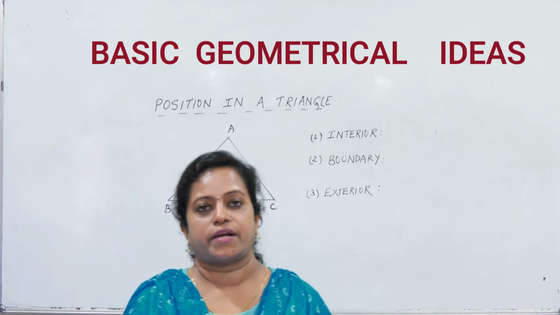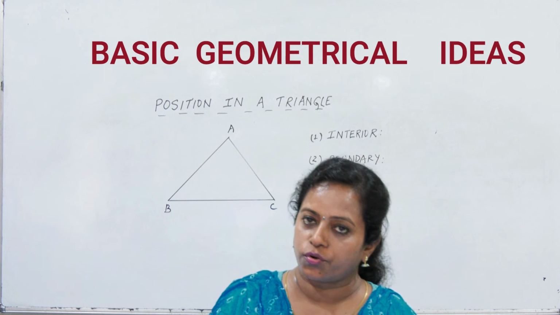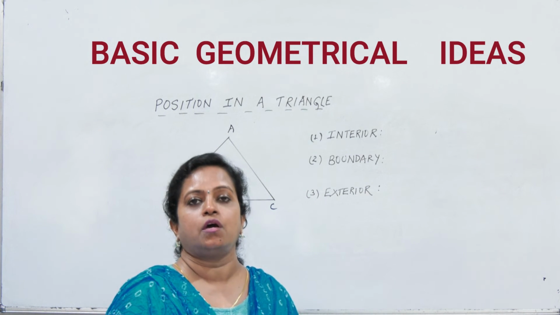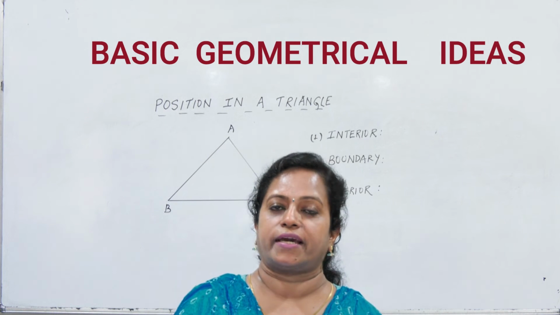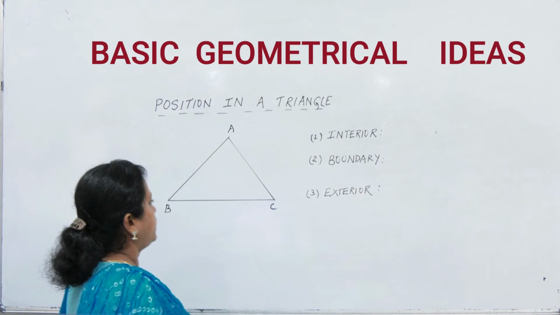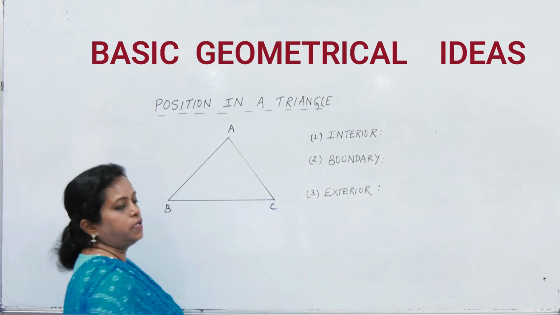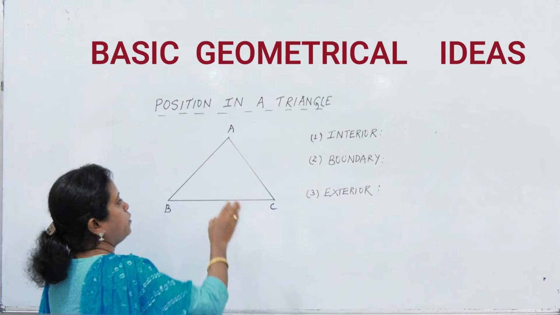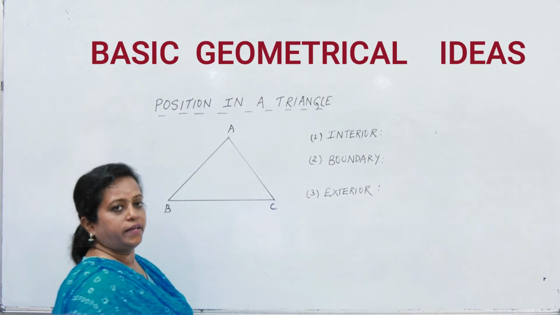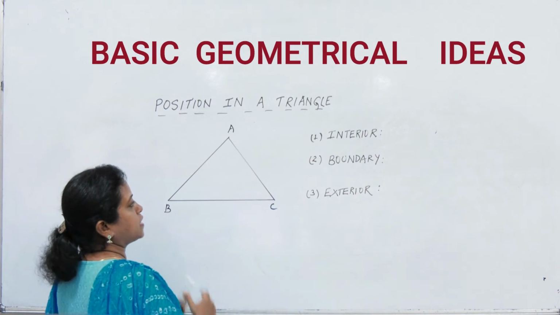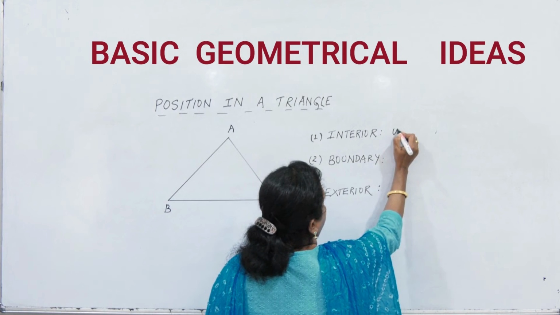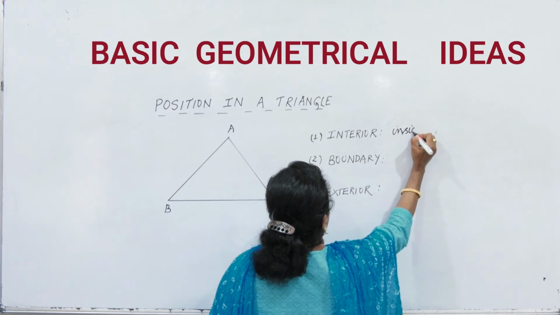Now you know that a triangle is a polygon, so you can locate the position of any point relative to the triangle in three regions. Let us understand what they are. This is a triangle ABC. If you locate any point inside, in the area enclosed within the line segments forming the triangle, it is referred to as the interior, or inside, of the triangle.